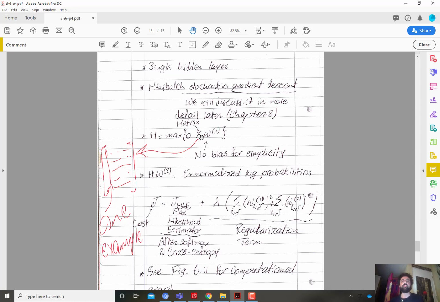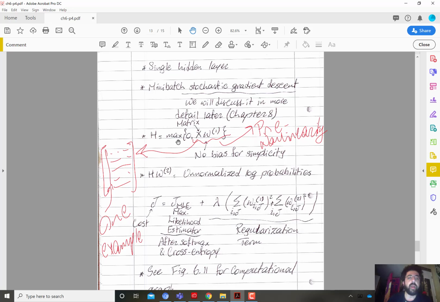So you have the pre-nonlinearity neurons of all the examples arranged as a matrix. Again, this XW is a matrix containing the pre-nonlinearity of all the examples.